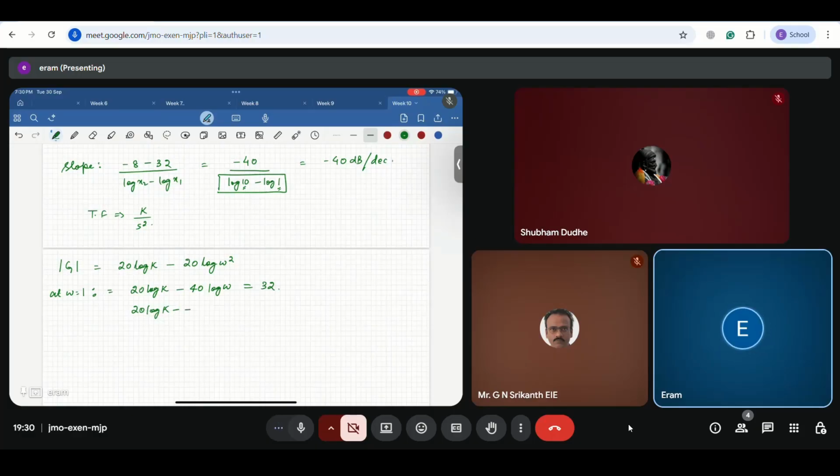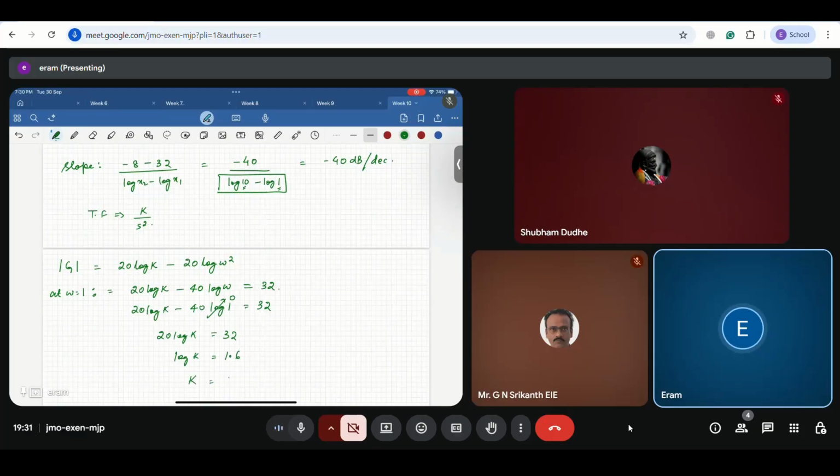And log 1 is 0. So 20 log k is 32. So log k, if you calculate, will be 1.6.